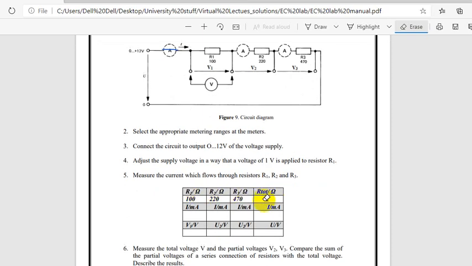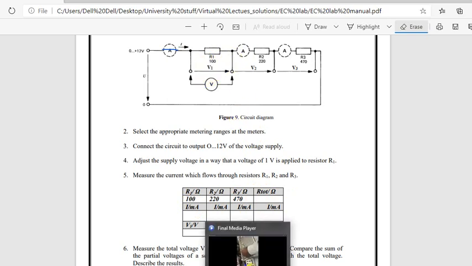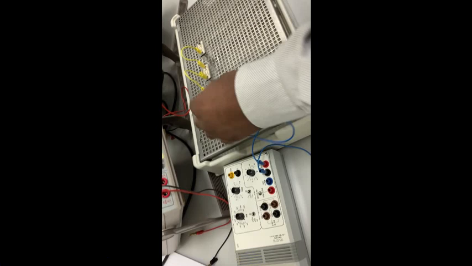Here the R total for 100, 220 and 470 will be around how much? 790. 790 is the total resistance. This is our total calculated. Now we will do the calculated version, and from the ohm meter also we will measure the total resistance.